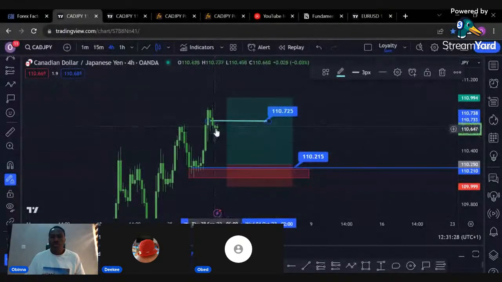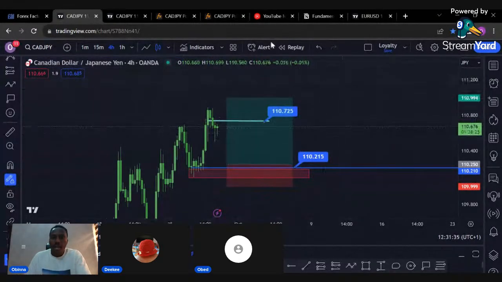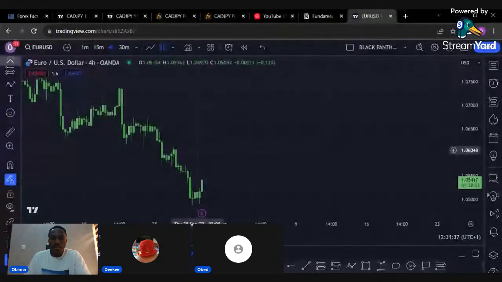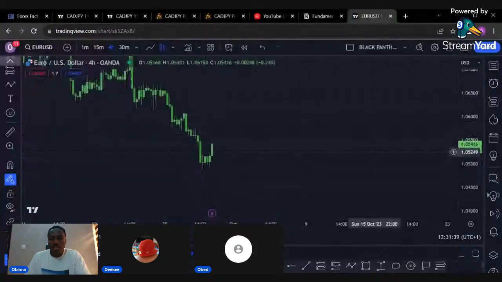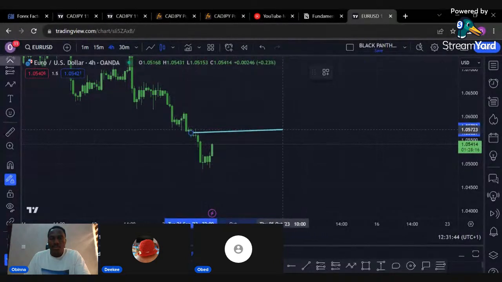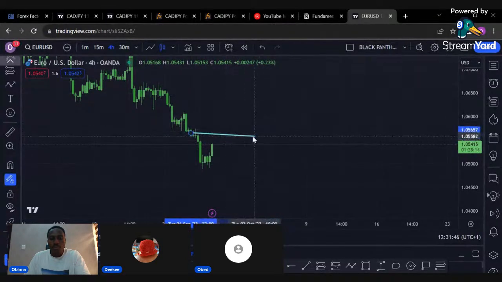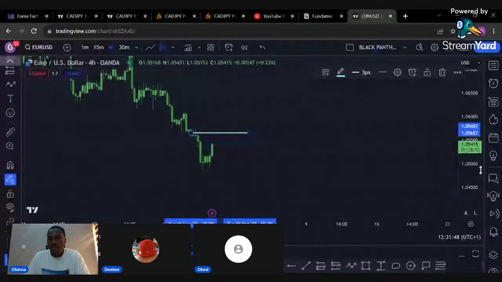It needs to form a clear 4H candle to show that the higher low is clearly formed. And I think I explained other things for EUR/USD, gold, and GU. If you want me to look at those ones, just let me know again. I'll gladly look at them.